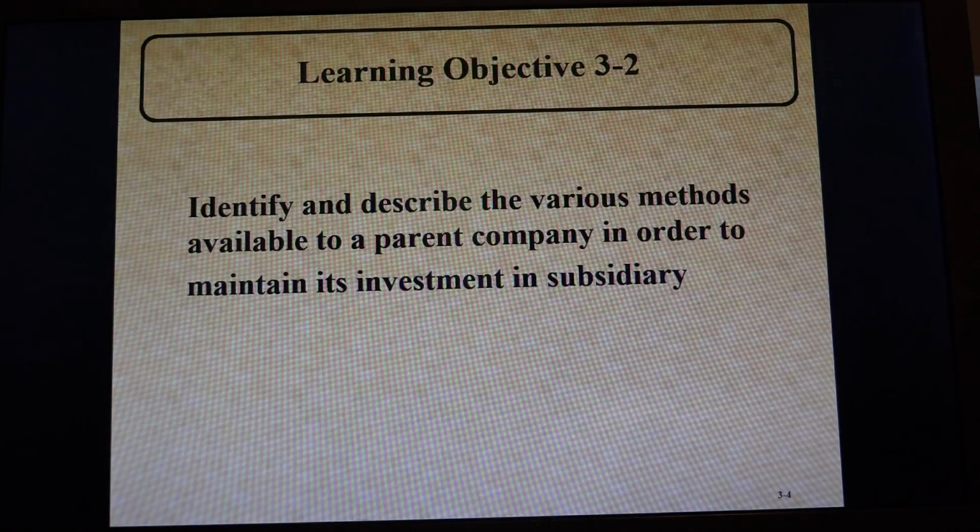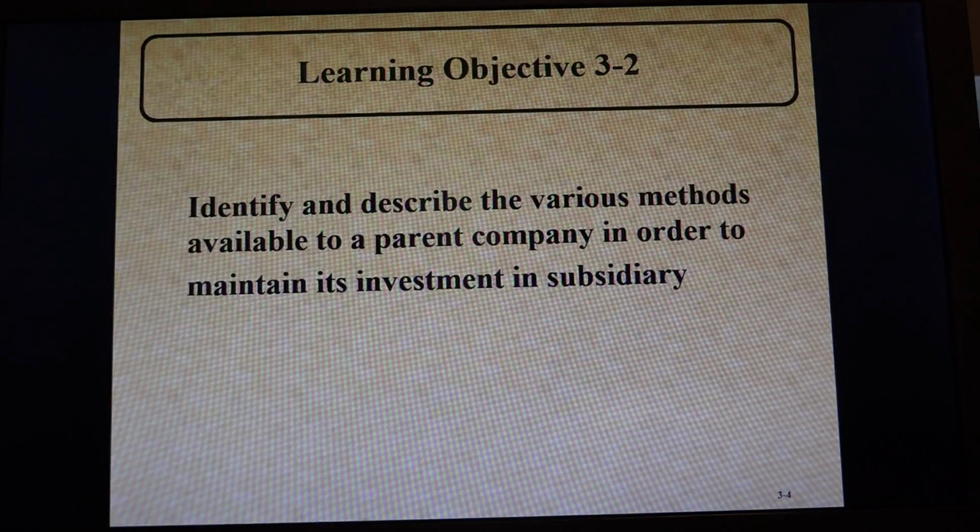And so the next thing, and that really was what I was getting at, is to identify and describe the various methods available to a parent in order to maintain its investment account. Remember that their accounting records on how they record this investment account is quite different than what we see in the consolidated financials.